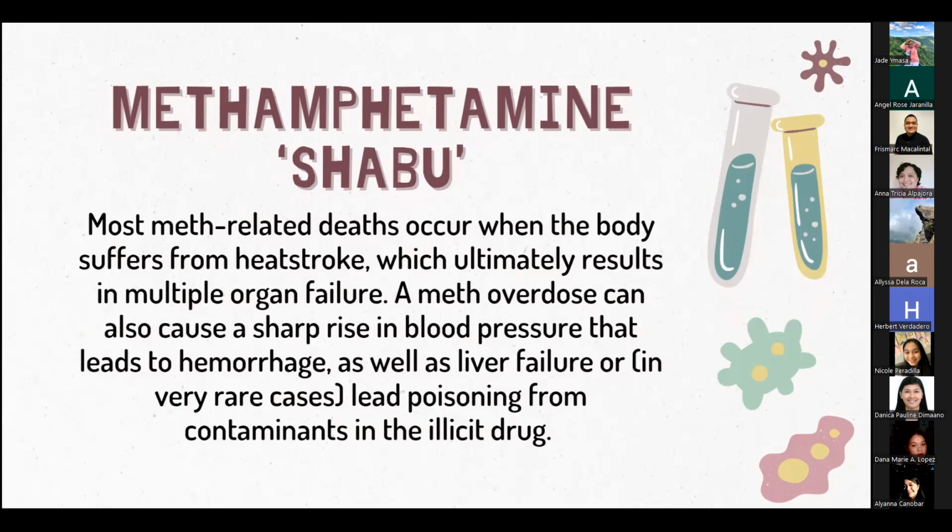So, as discussed, meth or shabu-related deaths come from heat stroke, which causes multiple organ failure. First, your BP goes up, which can lead to hemorrhage, may it be in your brain, or liver failure because there is too much toxic substance in your body, or in very rare cases, lead poisoning from contaminants. Meaning, not in the drug itself, but what the drug contains.